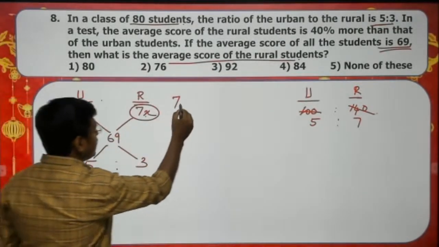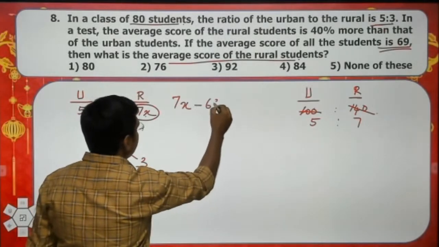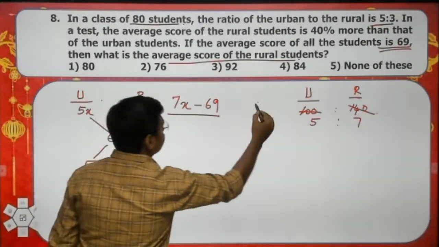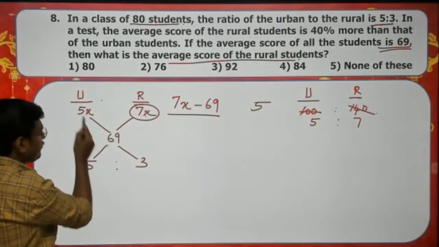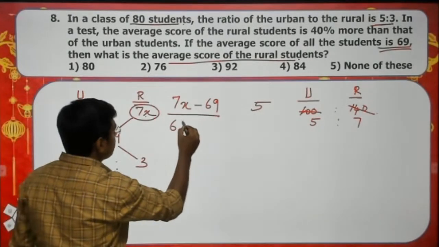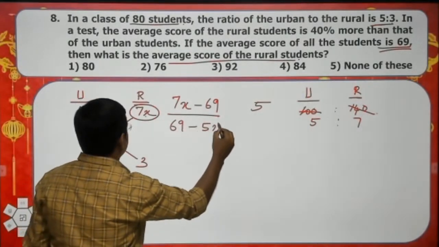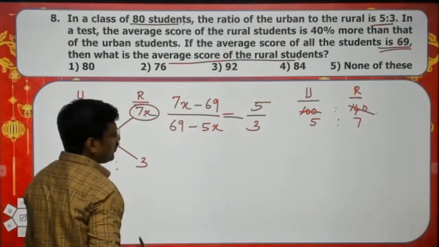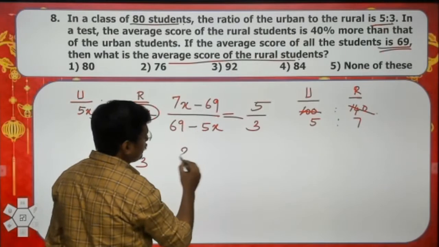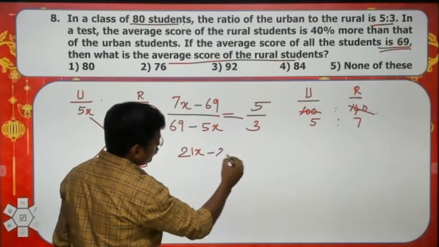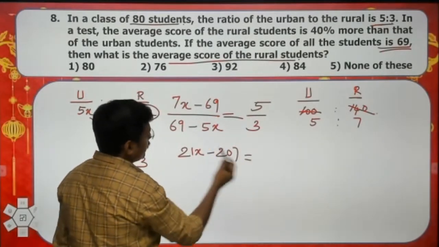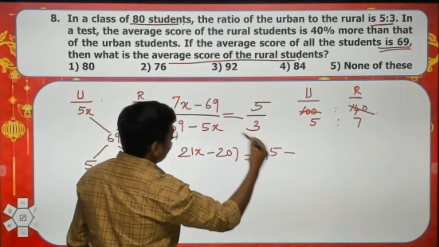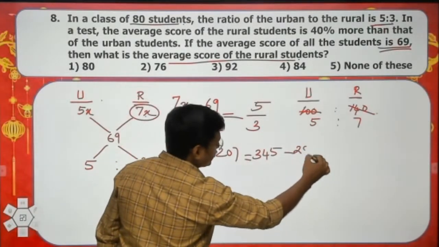So this difference, that is 7x minus 69, divided by that difference, we know that this is 5, and this difference, when we compare these two, this is the larger one, so 69 minus 5x, that is 3. That ratio is given. Crossing, on solving this, 7x into 3 is 21x minus 207, which is equal to 69 into 5, that is 345, minus 25x, correct?